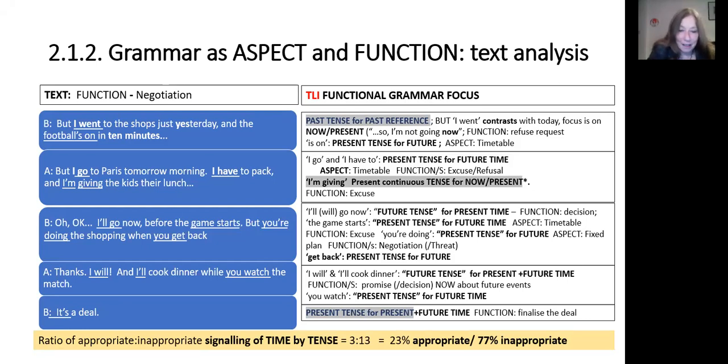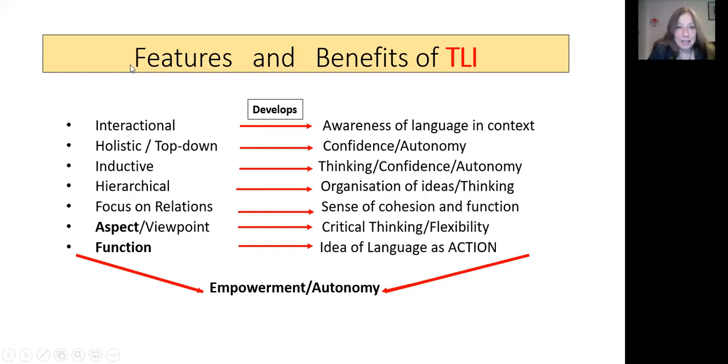So let's summarize features and benefits of TLI. I've already mentioned some. Interactional awareness of language and context is developed because of interacting with the text and also with its context. Holistic, top-down, develops confidence and autonomy. It's inductive, it develops thinking, it encourages the students to think of the patterns, and this in turn develops confidence and autonomy also.